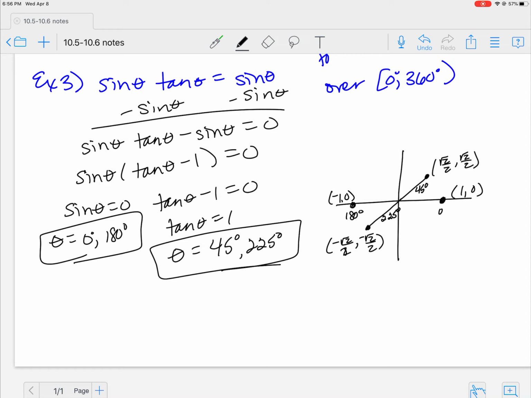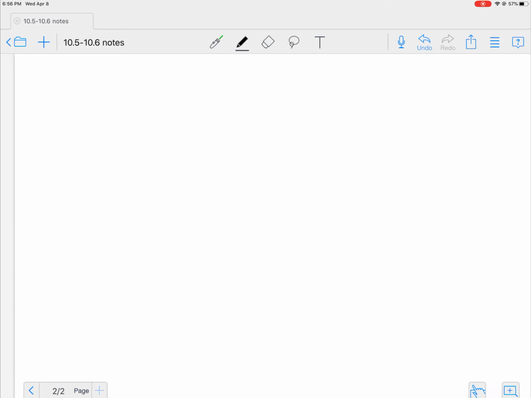So watch out for that. And this one doesn't say all here. It just gives me that specified unit. So I need to make sure that I'm working just within that specified unit.